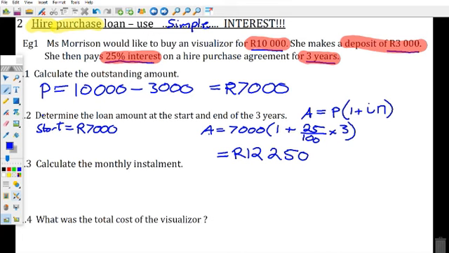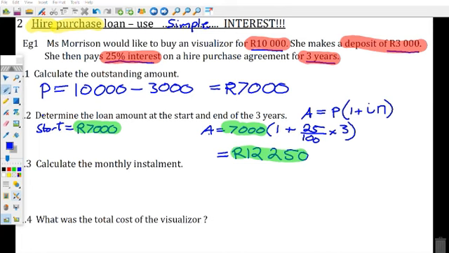So at the end of 3 years, she would have paid 12,250 Rand. We started with a principal of 7,000, and after 3 years of simple interest at 25%, our accumulated amount is 12,250.